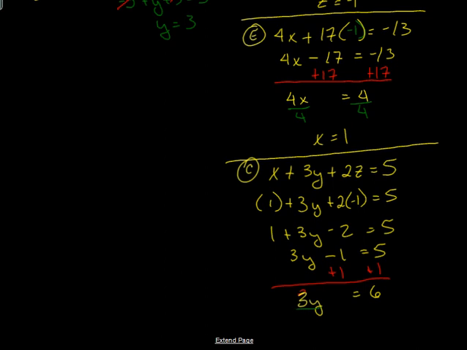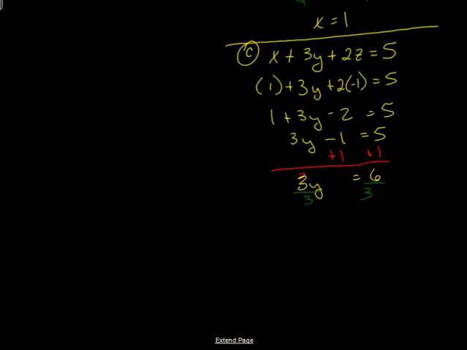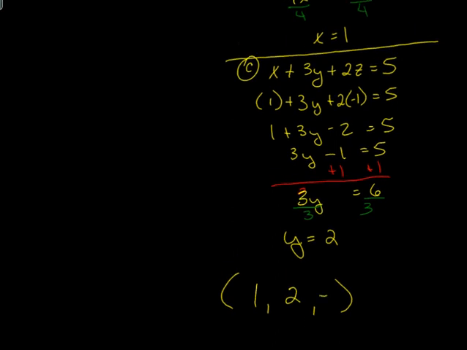We divide both sides by 3. Y is equal to 2. So my ordered triple is going to be 1, 2, and then negative 1. Remember, you have to make sure you're organized and pay attention to what you're doing as you are working our systems of equations with 3 variables.